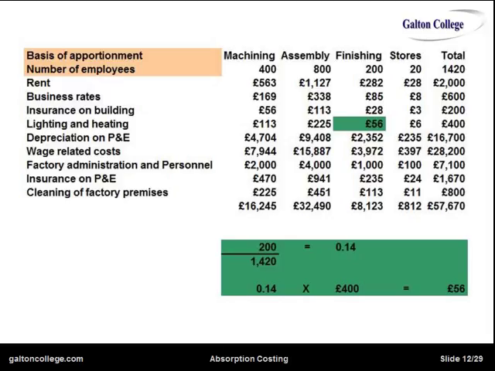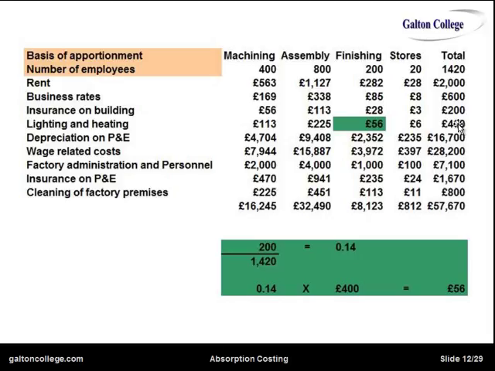As I said, it could be any of the ones we talked about a moment ago. Now, let's say we do it on the basis of employees, and we're going to allocate lighting and heating. I'll put the cursor onto the screen.